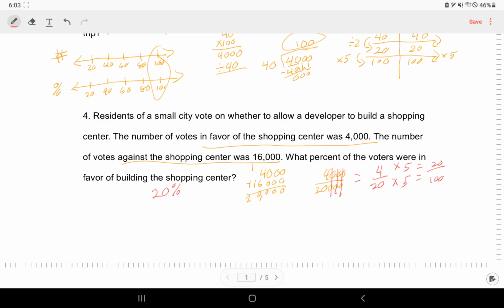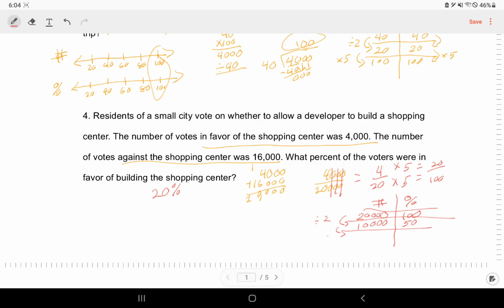And again, we can do a table, number, percent. So 20,000 is 100%. And so we want to get down to 4,000. Well, if I divide by 2, and again, you can choose your own numbers here, that's 10,000. And so that's 50%.